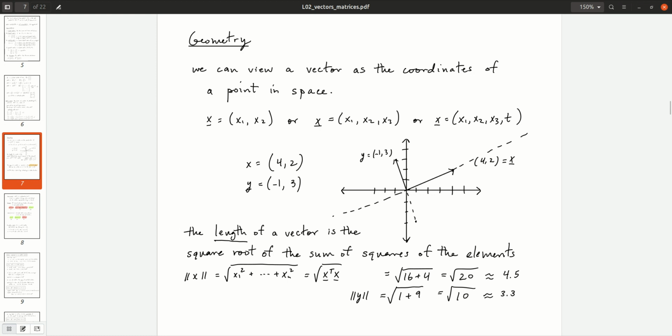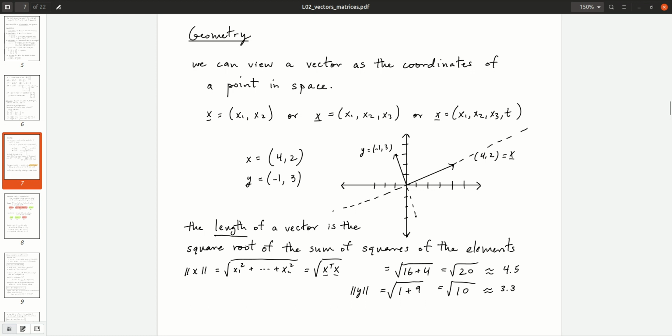It's hard to measure along the trajectory of the vector, but you could think about rotating this vector down to the horizontal axis, and you'd intersect at about 4.5 or so. So this answer makes sense. Do the same thing for y. Minus 1 squared is 1, and 3 squared is 9. So you get the square root of 10, which is about 3.3.